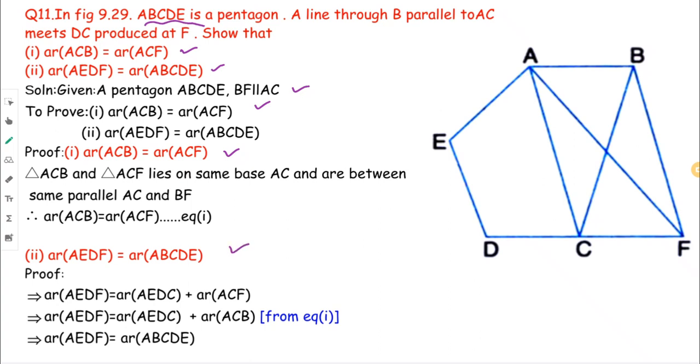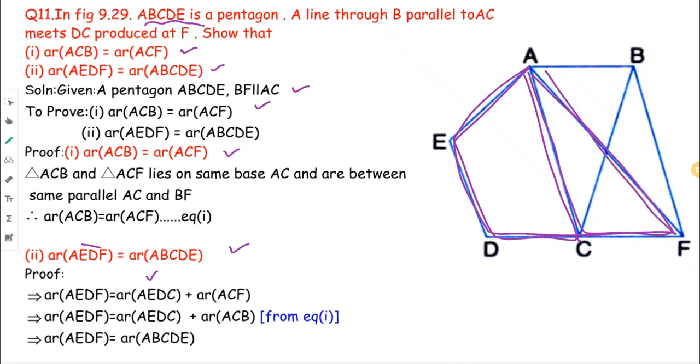In order to prove this, we'll have a look at the area of AEDF. AEDF, so we can see that is this much. Here, can we say that it is made of two parts? The first part is AEDC plus this triangle ACF.